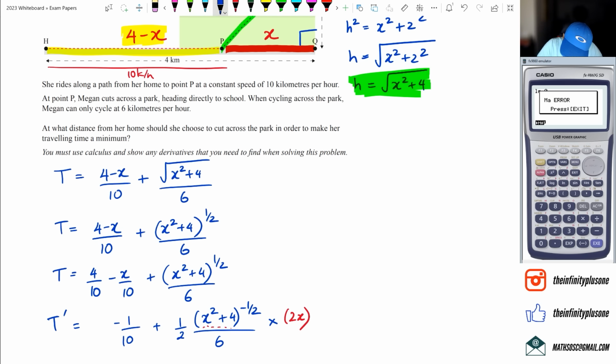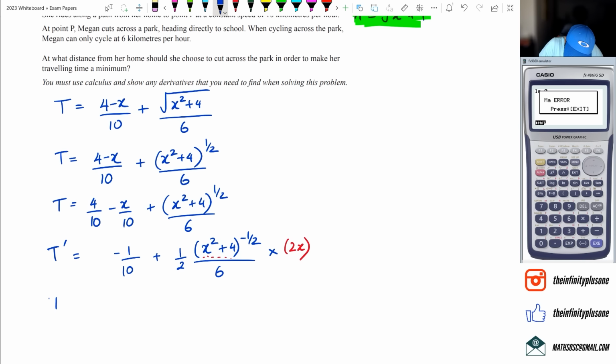So simplifying this, we get T dash is equal to negative 1 over 10 plus, the 2's cancel out, we've got X in the numerator, 6 stays in the denominator, and then we've got (X squared plus 4) to the power of positive half. I moved it to the denominator to make it positive half.